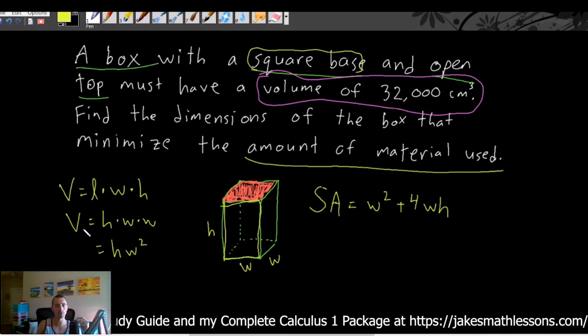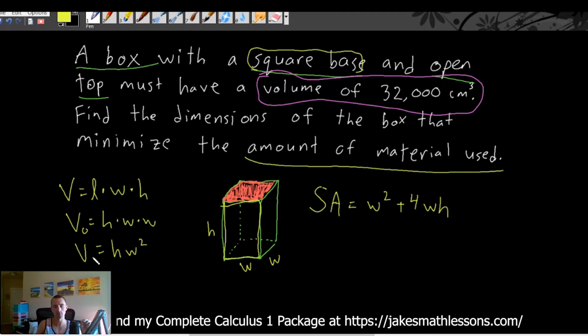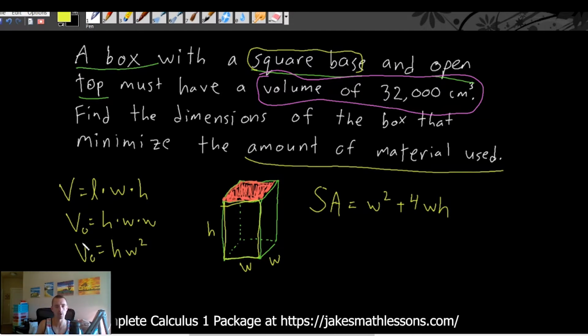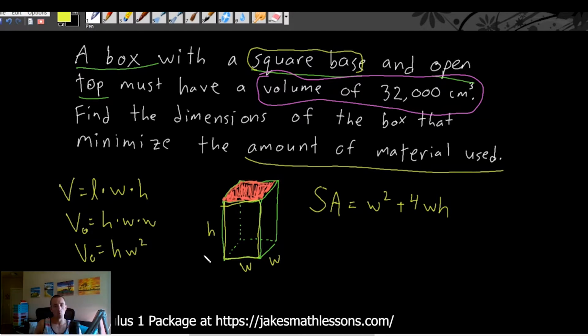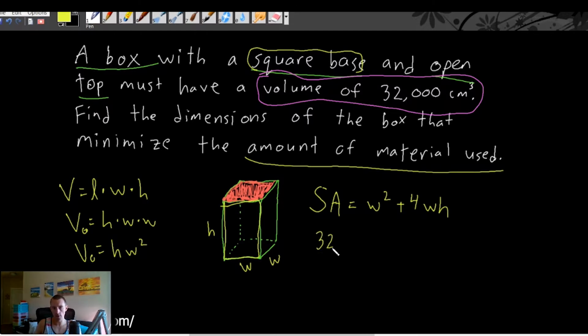So we know this is the volume of this particular box. So let's just call this volume of this box volume 0, volume naught. What we know is that the volume of this box, this V0, has to be 32,000. So we know that 32,000 equals H times W squared.